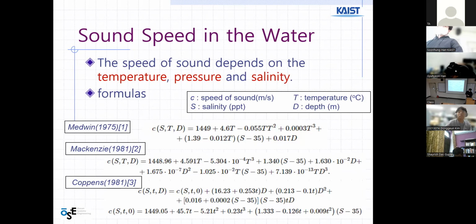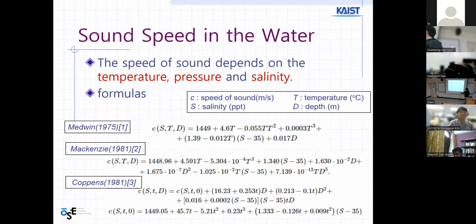And speed of sound in water depends on the temperature, pressure and salinity. Some researchers present empirical formulas like this: C is speed of sound, T is temperature in degrees Celsius, S is salinity, and D is depth.